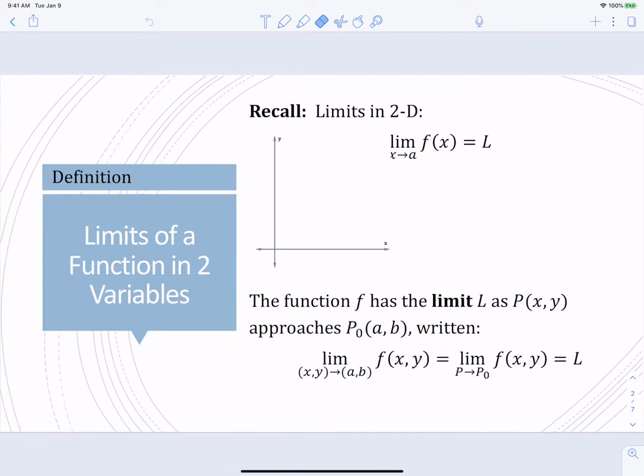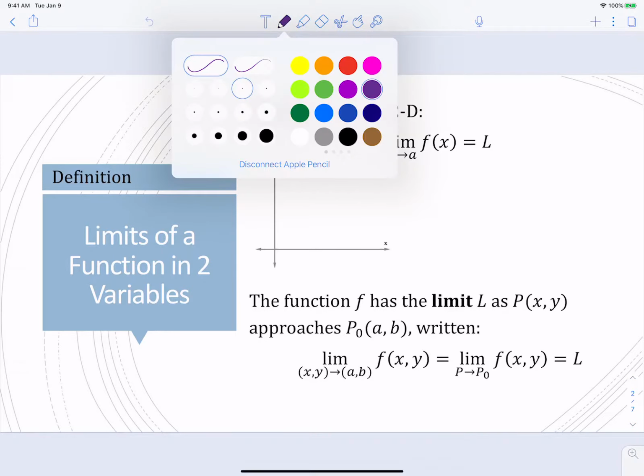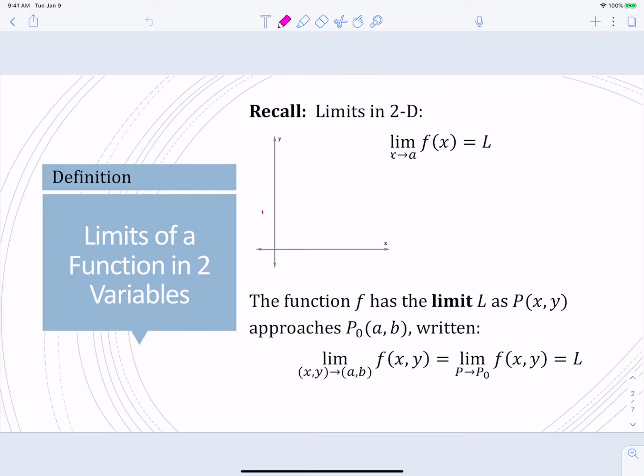So let's see here. What we're going to do a lot of times is start back in 2D and think about what this concept was in 2D and how that's going to relate to what we're talking about now in 3D.